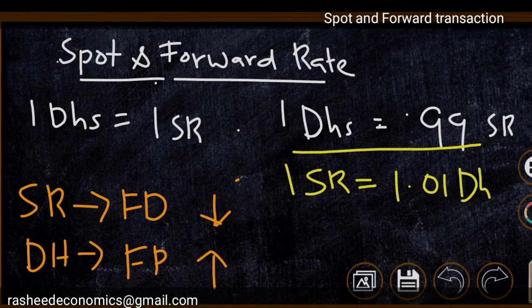In both cases the value is 4 percent. That means a 4 percent forward discount to the Saudi Riyal and the same 4 percent forward premium to the UAE dirham.